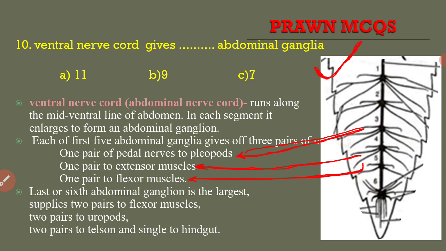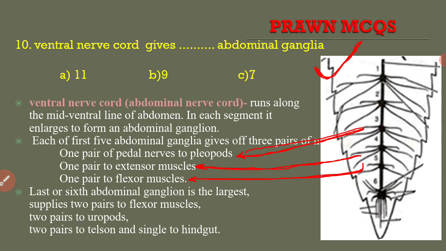Out of the 3 pairs of nerves, the first pair has the connection with the pleopods, and one pair of pedal nerves innervates the pleopods. One pair attaches to the extensor muscles and one pair to the flexor muscles.